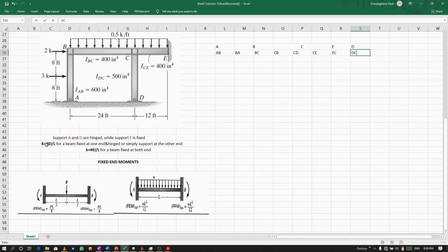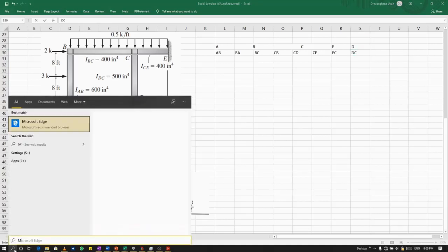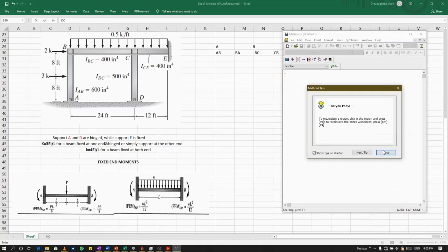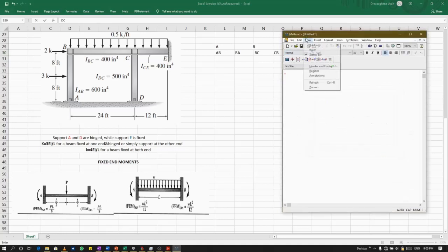So we're going to be going with the stiffness of the very first one, which is fixed at one end and hinge supported at the other end. So to do this, I'm going to open another app to help me make my work easier. So I'm going to be opening Staad. Right. Let me change the view here.